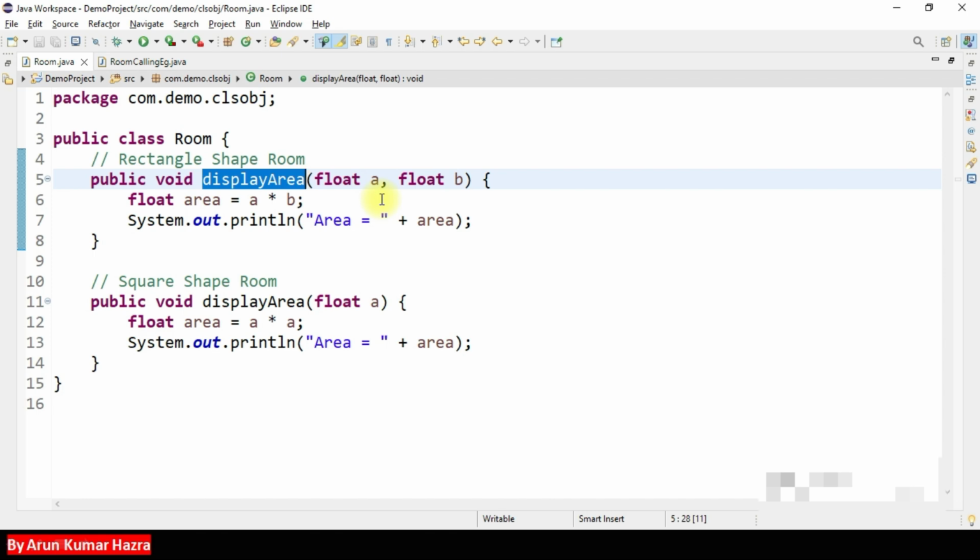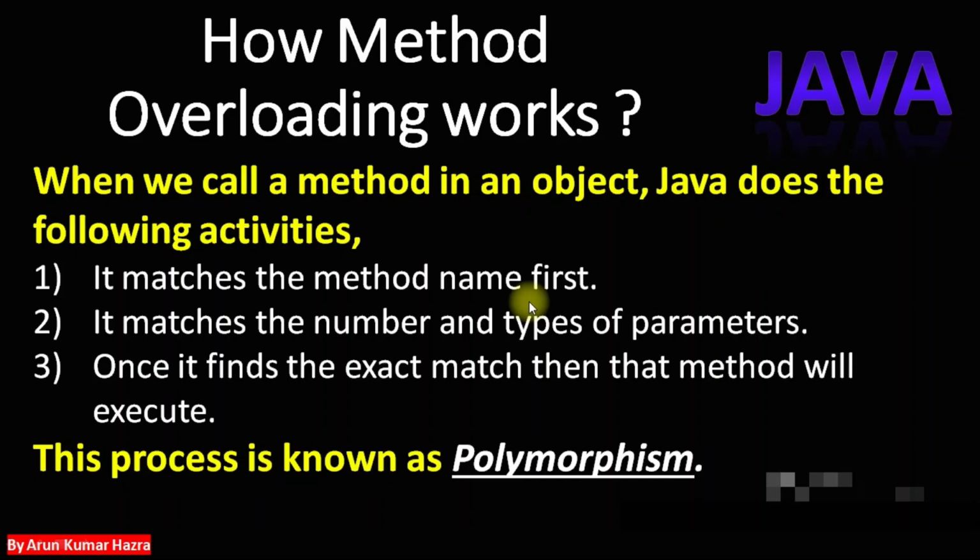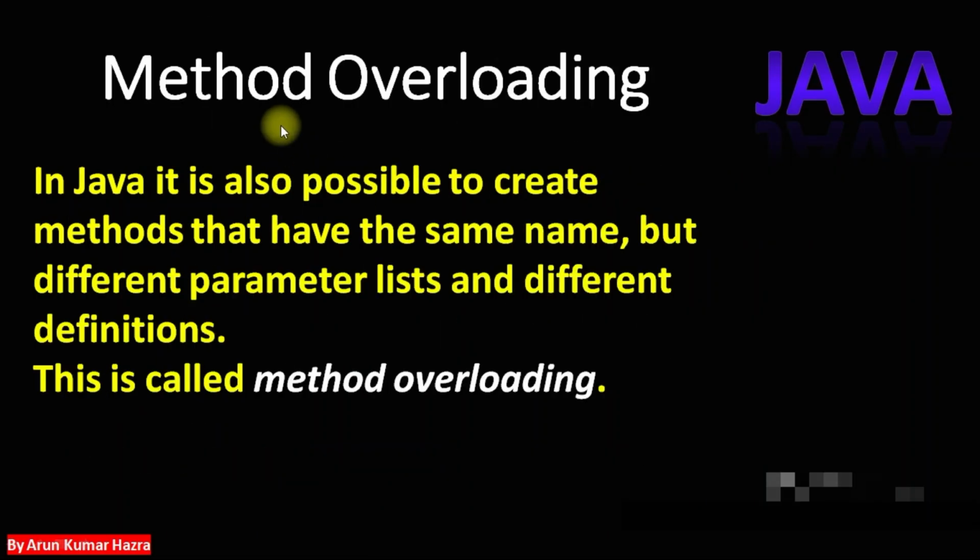A very important interview question: what is polymorphism? You can give this type of explanation to your interviewer so that he can understand that your concept is clear. So what two concepts did we learn today? First, what is method overloading? That is nothing but Java supporting the creation of multiple methods with the same name, but their definitions and their parameters should be different.